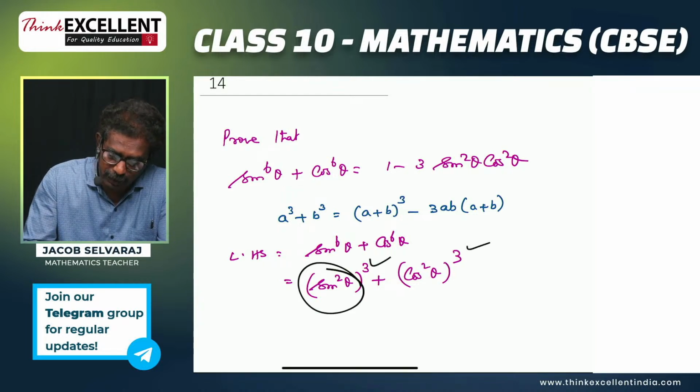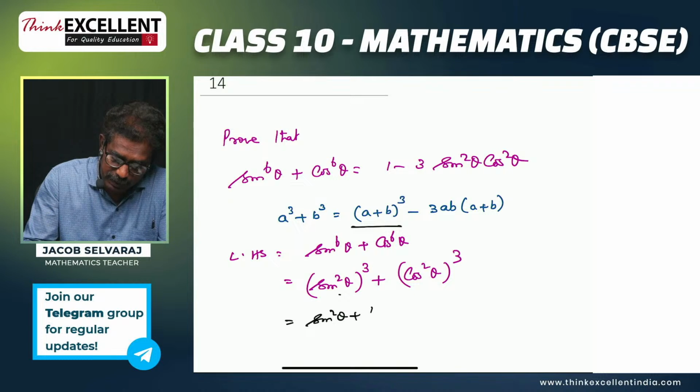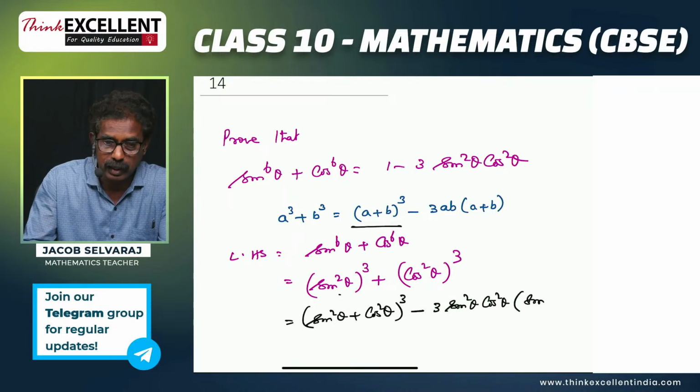So you can use that identity. What's the identity? A plus b the whole cube, a plus b is sin square theta plus cos square theta, the whole cube, minus 3ab, that is sin square theta cos square theta, into a plus b, that is sin square theta plus cos square theta.